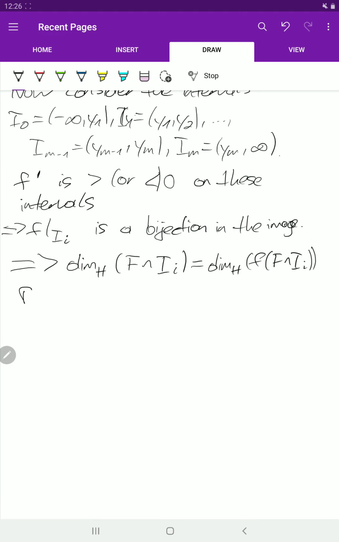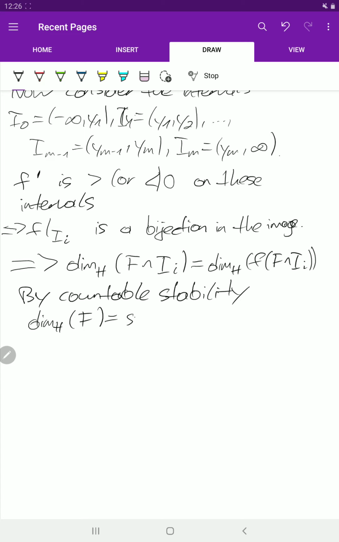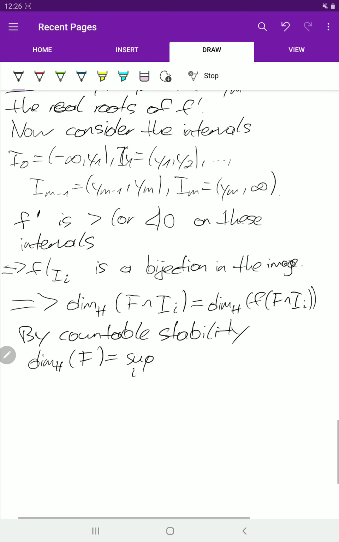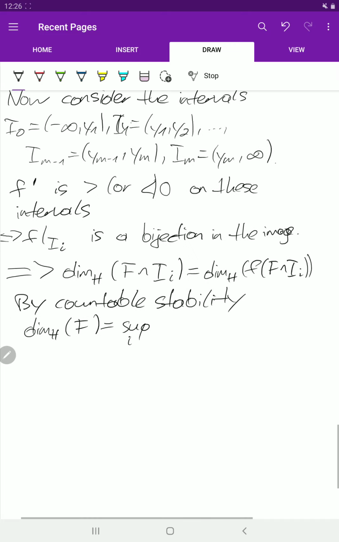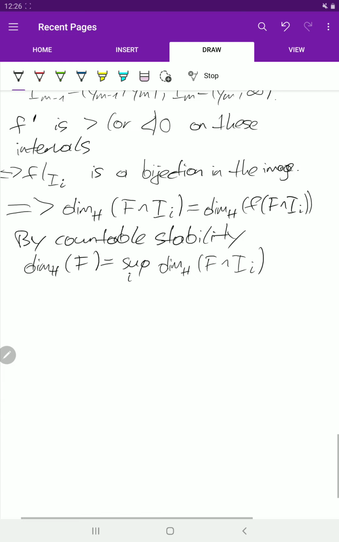And now we just use countable stability, what we already saw last time. So we get that the dimension of the set is just a supremum over all these I's we had here, from 1 to m, of the dimension of the set intersected with the intervals.